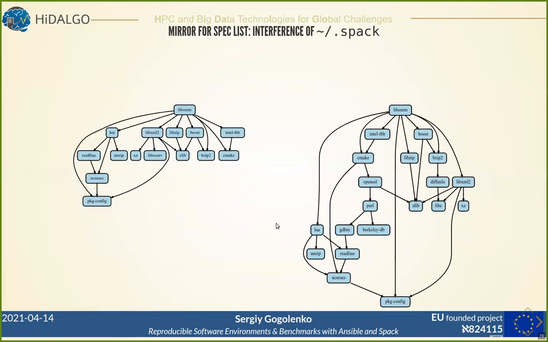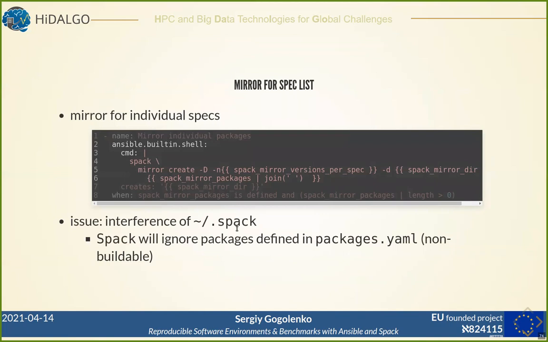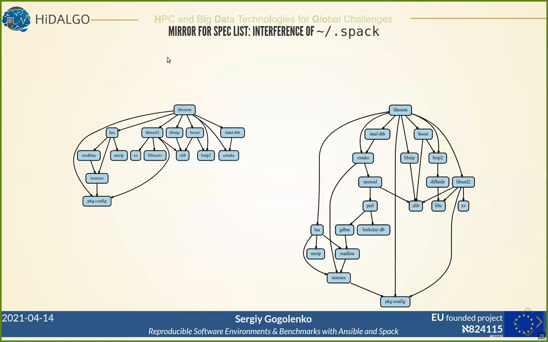So basically, what do I mean by this? Here you see, in the home folder of Spack, the user can define some external packages. And these external packages won't be downloaded by the mirror command. For example, in this particular slide, you see two images.